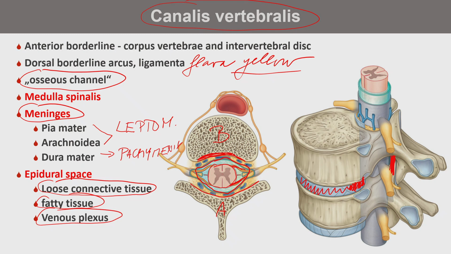We had one lecture during head lectures last semester. So when you remember that brain is covered by meninges and the dura mater has two layers, one is periosteal and the second is a real meningeal layer. Here we have only one layer which is meningeal, and what is outside is this epidural space.